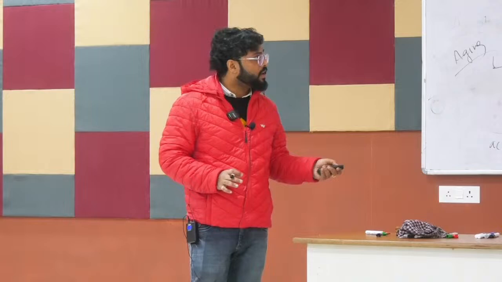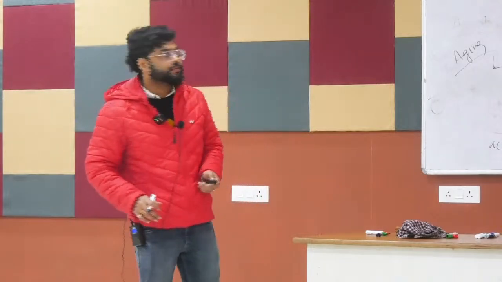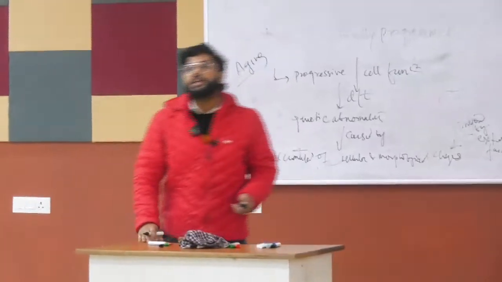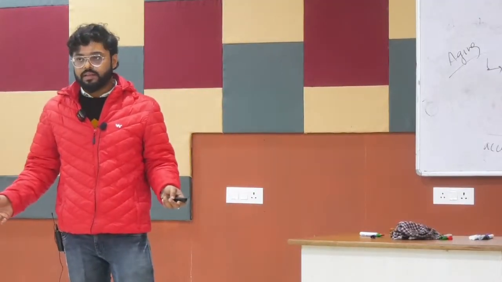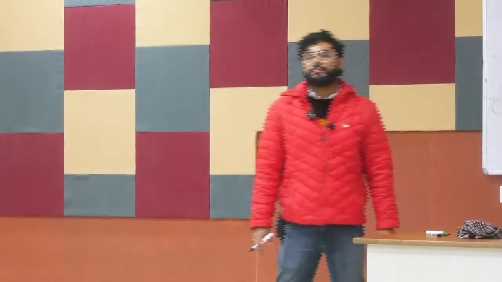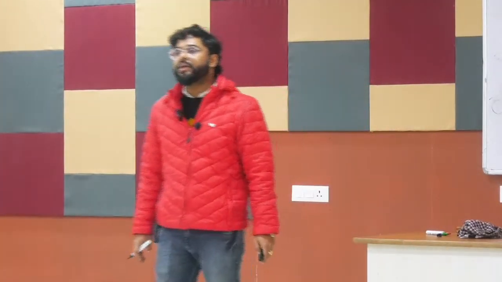First is DNA damage. There are two types of DNA within the cell, one is nuclear DNA, one is mitochondrial DNA. So the cumulative effect of damaged DNA is the responsible mechanism for the aging.